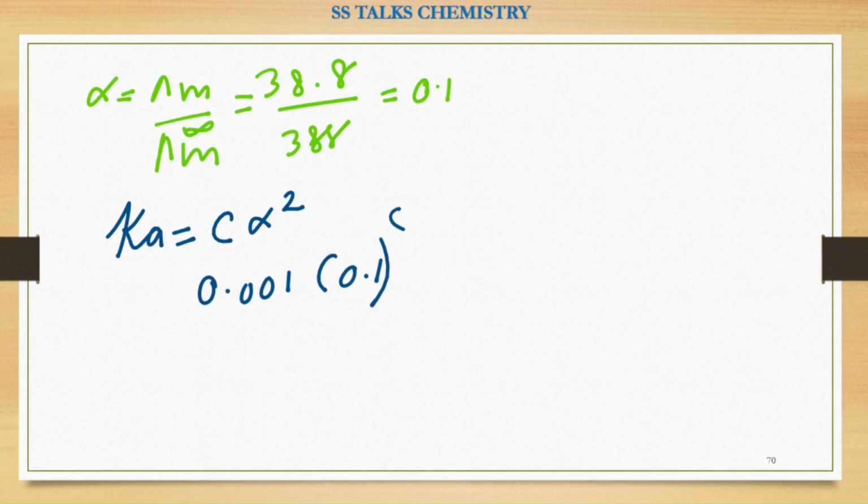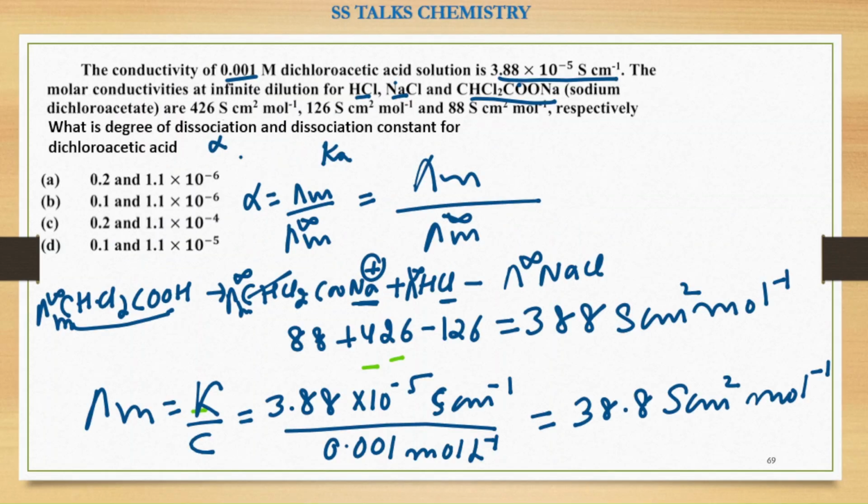Its square will be there. So we will be getting the value as 10 raised to the power of minus 5. So the alpha value is 0.1 and Ka is 10 raised to the power of minus 5. That is given to us in option D over here. So D is going to be the correct answer for this particular question.